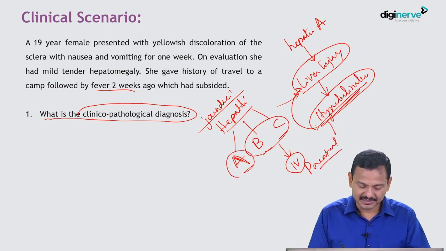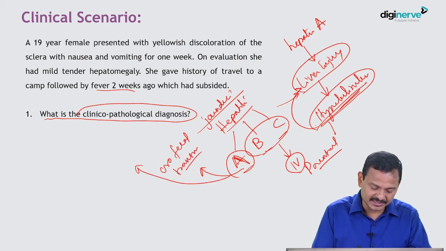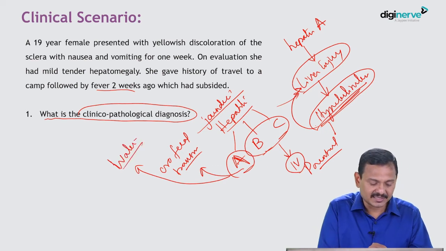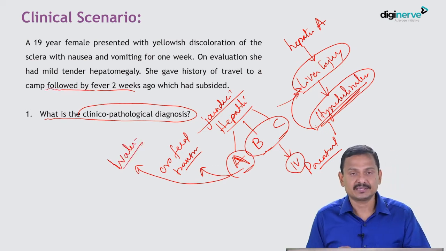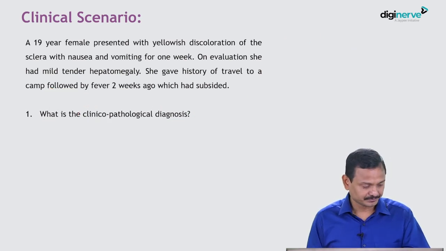Okay, and this hepatitis A is through oro-fecal transmission. So this hepatitis A can be transmitted through contaminated water, and this lady possibly would have acquired this hepatitis through contaminated water in the camp.